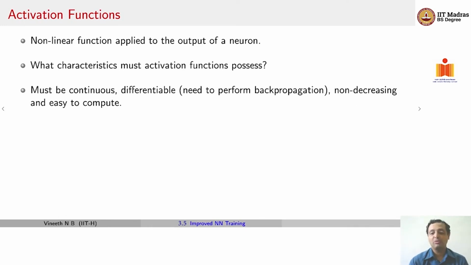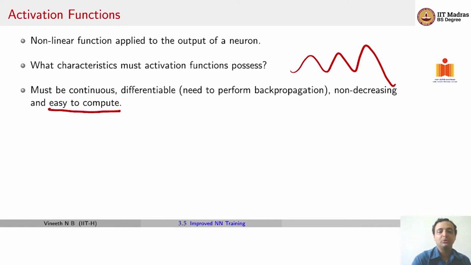You do not want an activation function which is something like this, at least ideally speaking, because as the input increases, you do not want the output of the activation to be fluctuating between high and low values. So you ideally want it to be monotonic or non-decreasing. And obviously, you also want it to be easy to compute. Remember, anything hard to compute is going to make your neural network slower.